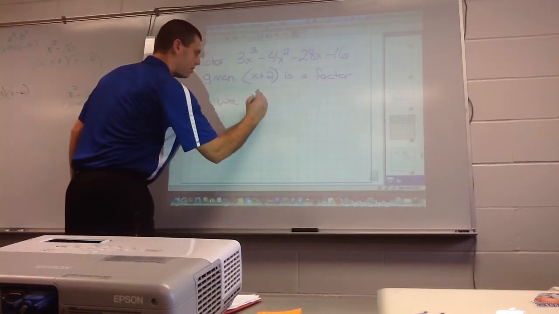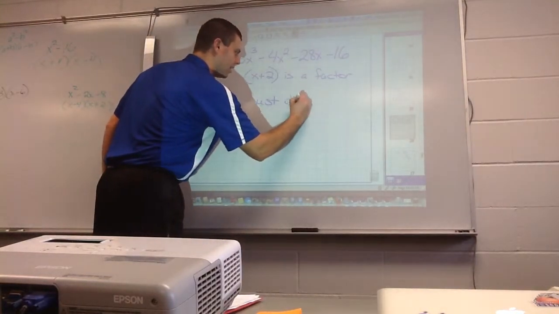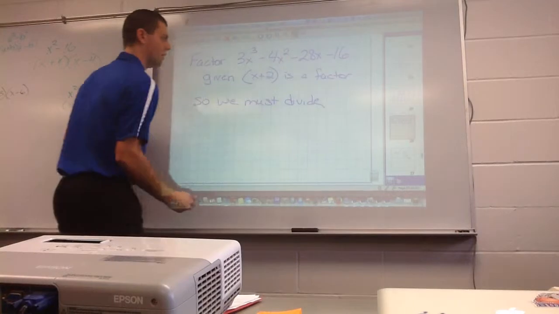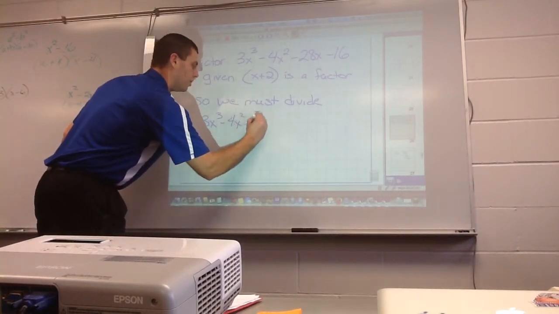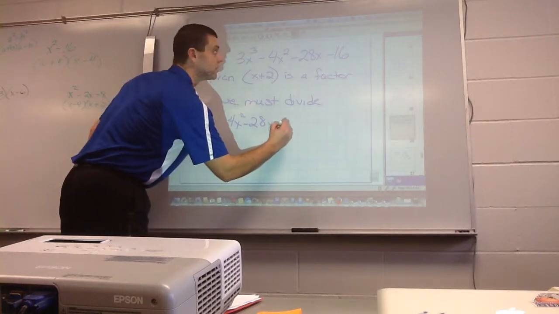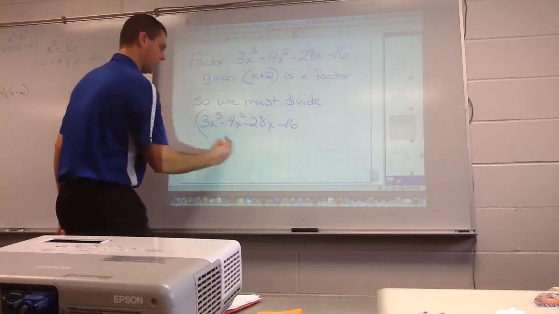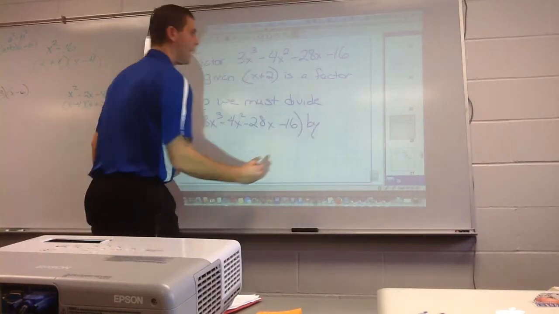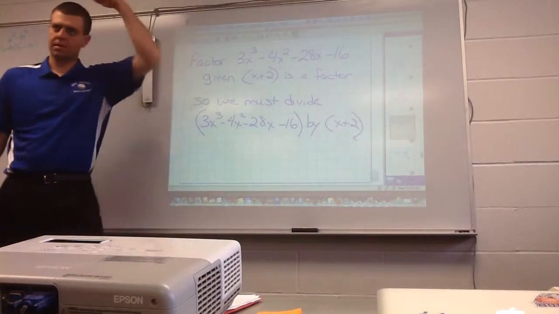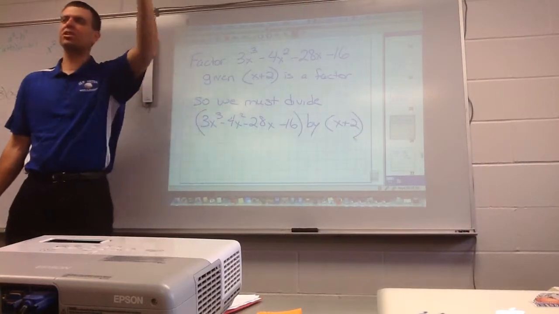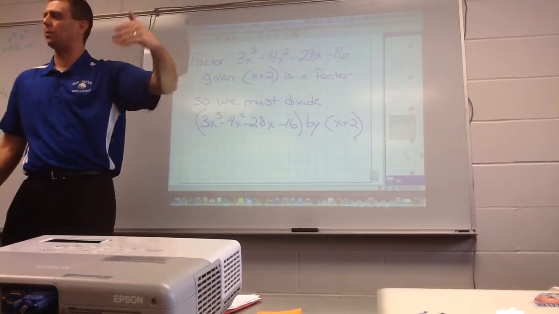So, we must divide 3x cubed minus 4x squared minus 28x minus 16 by x plus 2. Logically, does that make sense why we're going to do that?